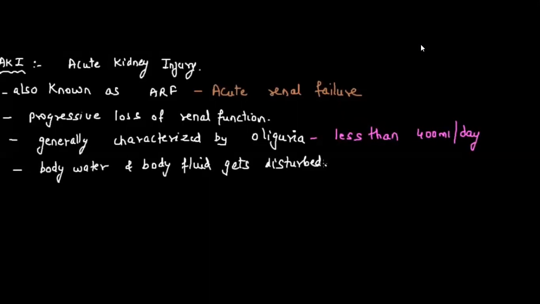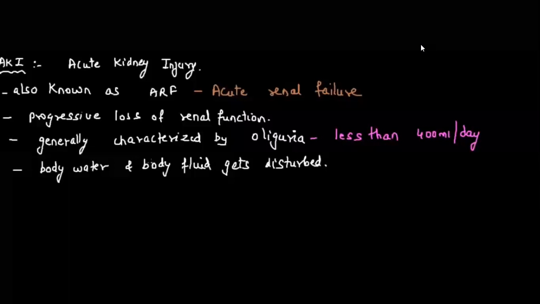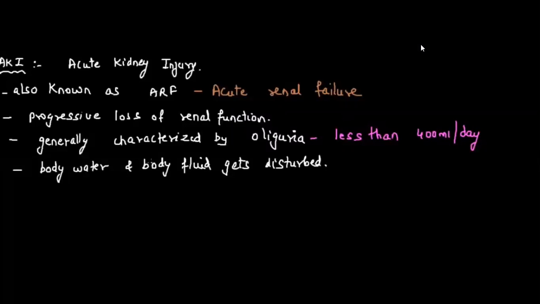When that ratio gets disturbed, that is AKI, also known as acute kidney injury. Acute is the initial stage, and this acute will lead to further something called CKD. What is CKD? CKD stands for chronic kidney disorder. A chronic kidney disorder means the kidney has failed for sure.